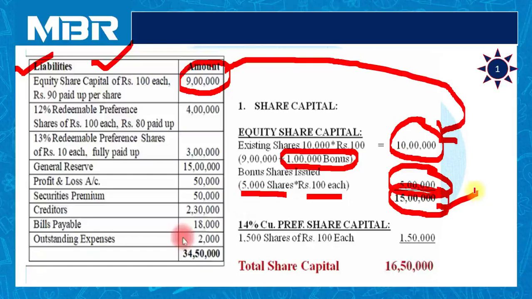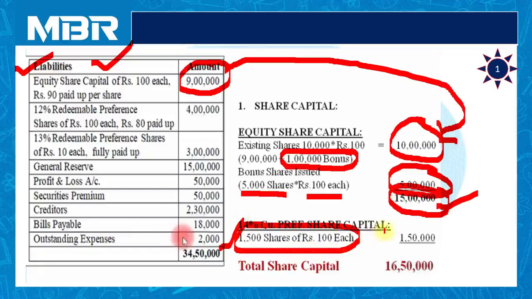Now recall step number 3. At the time of calculation of step number 3, the company has issued new cumulative preference shares. As per our calculation, the number of new cumulative preference shares is 1,500, face value 100 rupees.